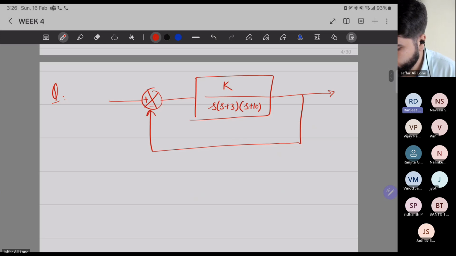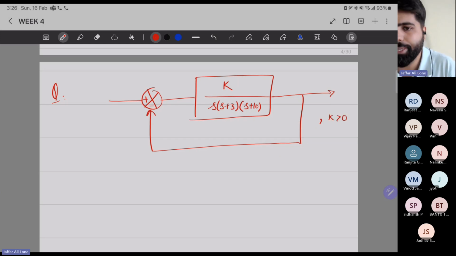Two sign changes are there. Please everybody also check whether it's unstable or not. If anybody is getting stable, please let me know.